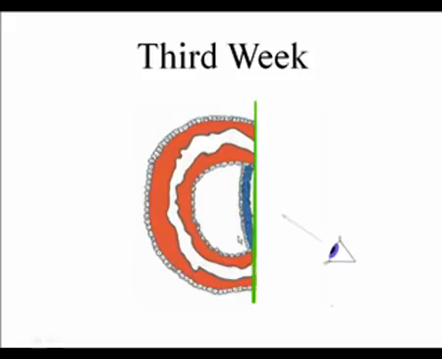Now, the next stage of development during the 3rd week is the bilaminar disc turning into a trilaminar disc via the process called gastrulation. If we look down on the epiblast, having removed the amniotic cavity and the cells surrounding it, what we would see is the following.